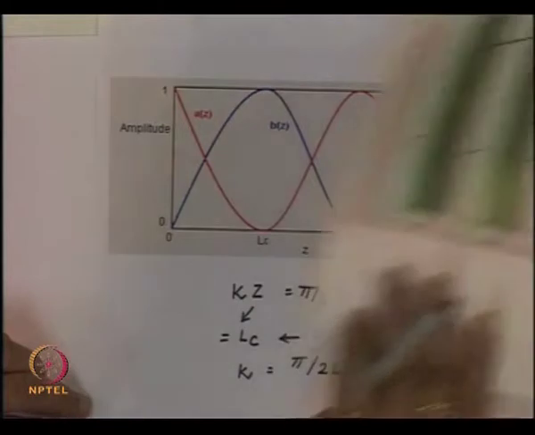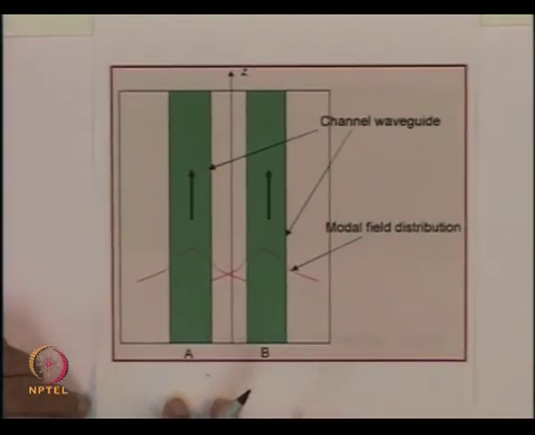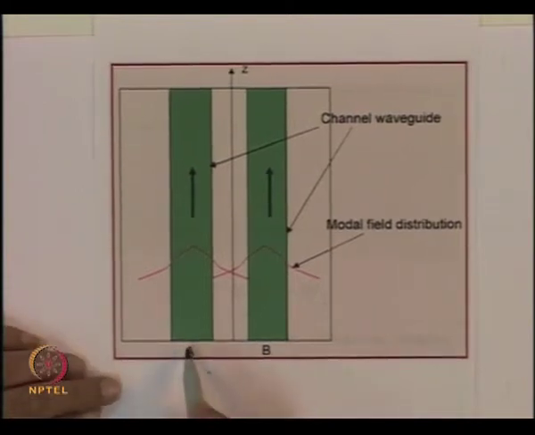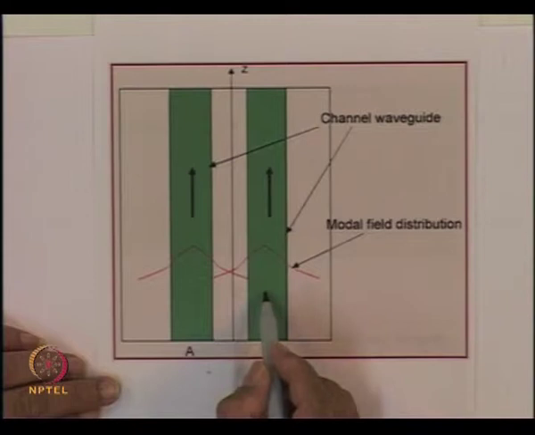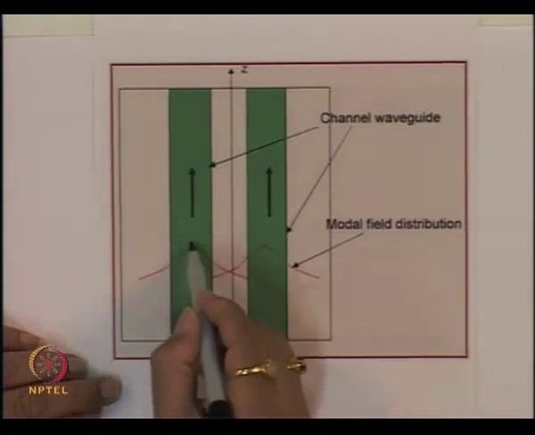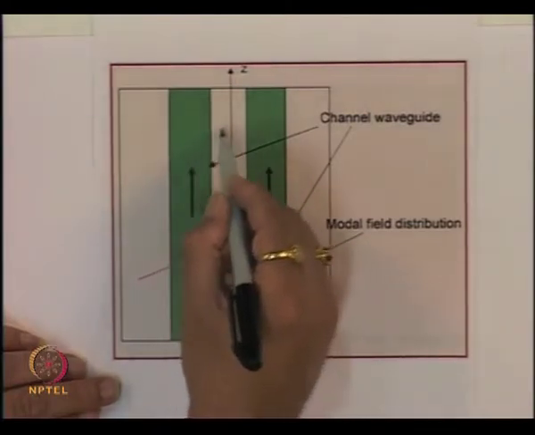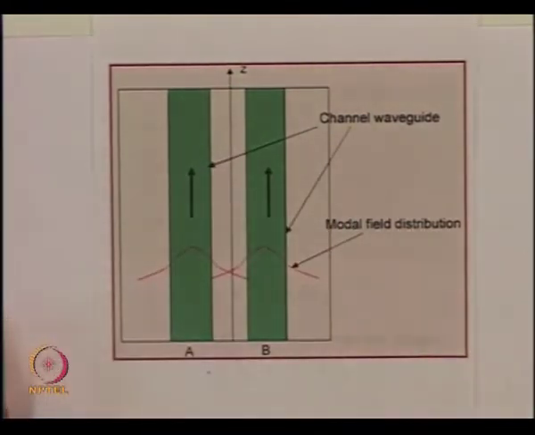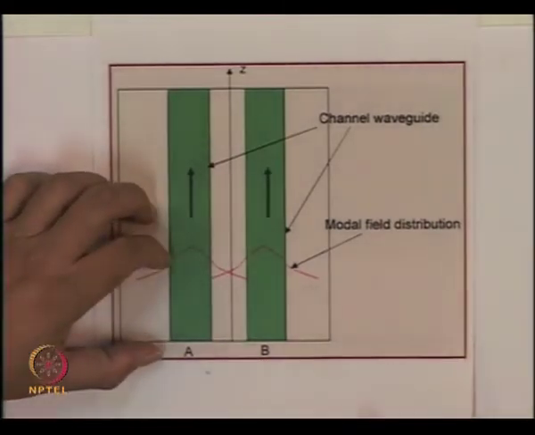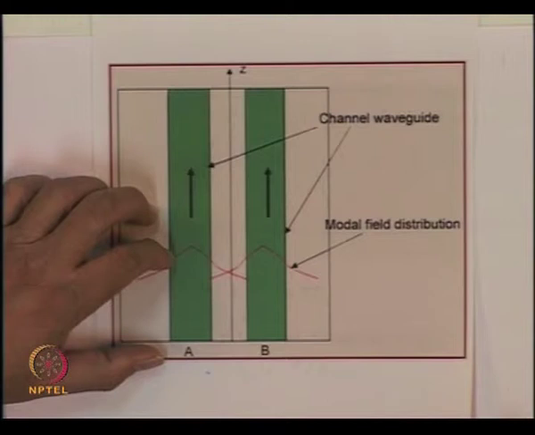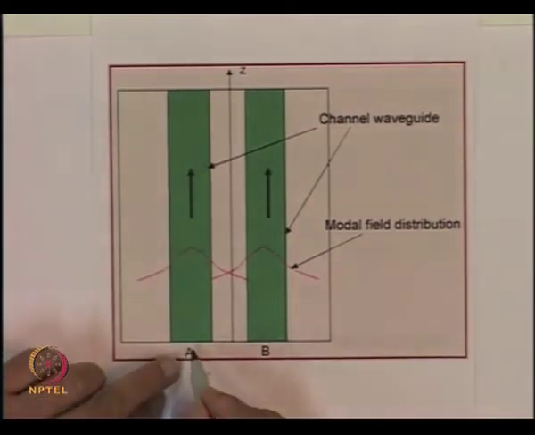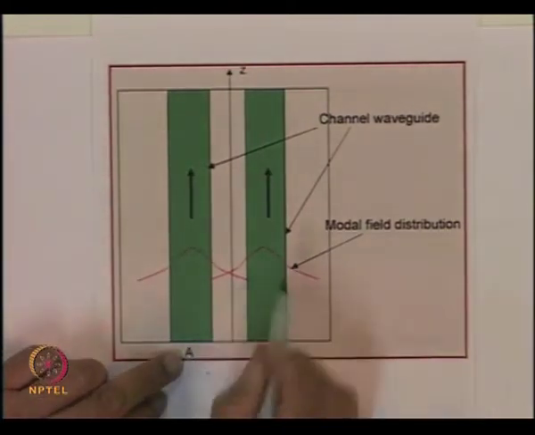So what we are now finding is that if you consider a coupled structure like this and you excite one of the structures, slowly the power will get shifted to this. After the same distance the power will get shifted back to this. Again the power will get shifted back, and so on. So if I take a length equal to one coupling length, the power effectively has gone from here to here.